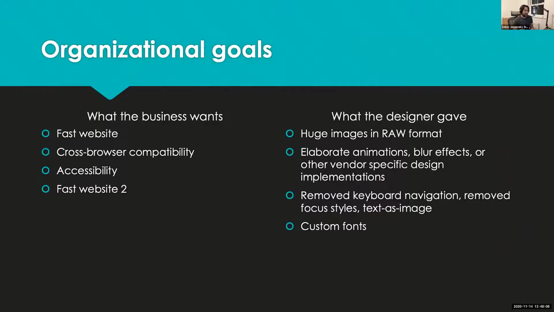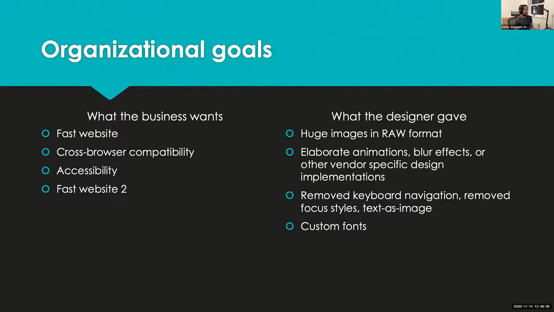So let's look at what the organizational goals are. One would be a fast website, and if I get huge images in raw format, then I'm not going to be able to build a fast website. If the organization wants cross-browser compatibility, then I'm probably not going to be able to build an elaborate animation, blur effect, or whatever that only Safari supports.